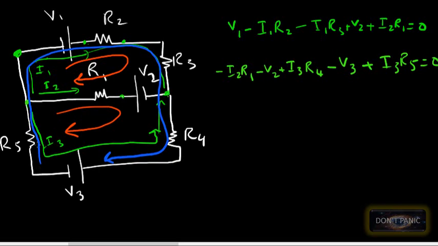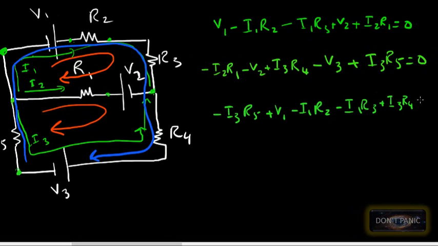Suppose you started out here, and you're going to make your full circle. So you're going to say minus I3 R5, plus V1, minus I1 R2, minus I1 R3, minus or plus I3 R4, minus V3 equals 0.